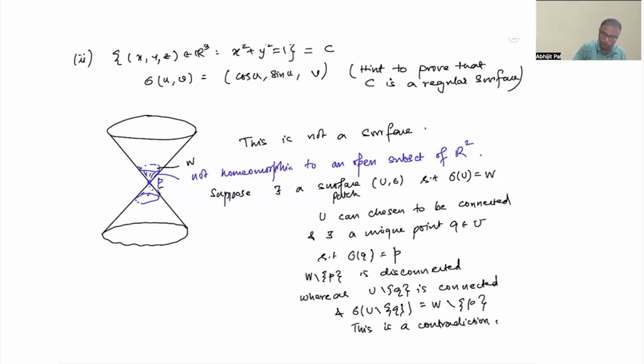Okay. So therefore this cone is not a surface. Now let me give you the definition of a smooth surface.